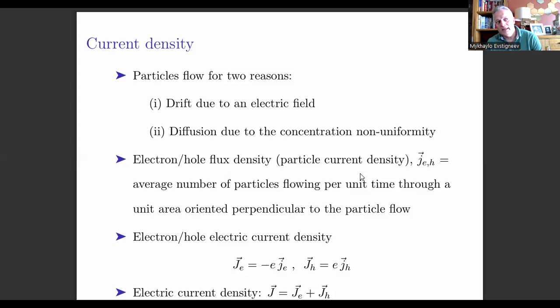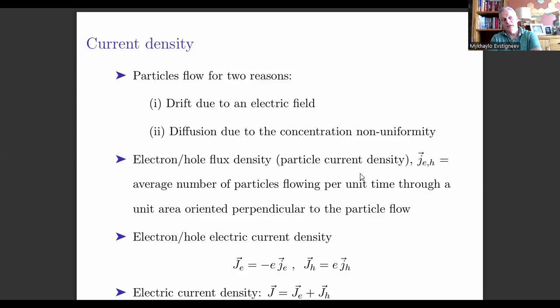And the well-known law of diffusion is that the mean squared deviation of the position of a particle from the original position scales as the first power of time.